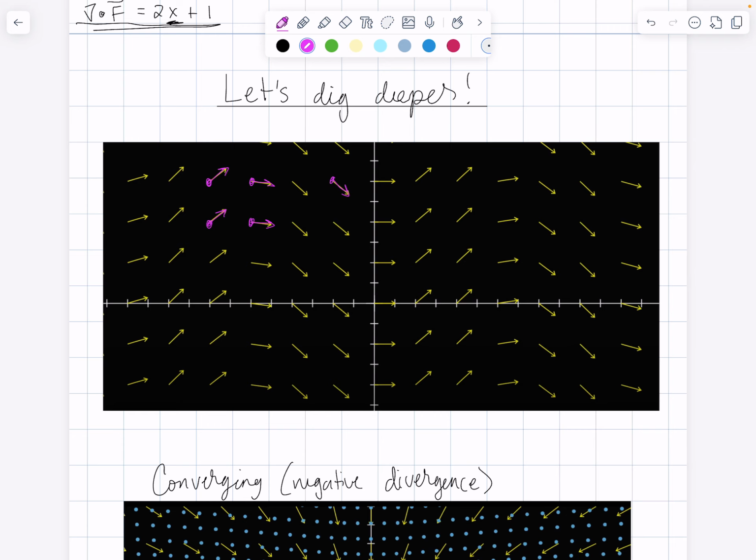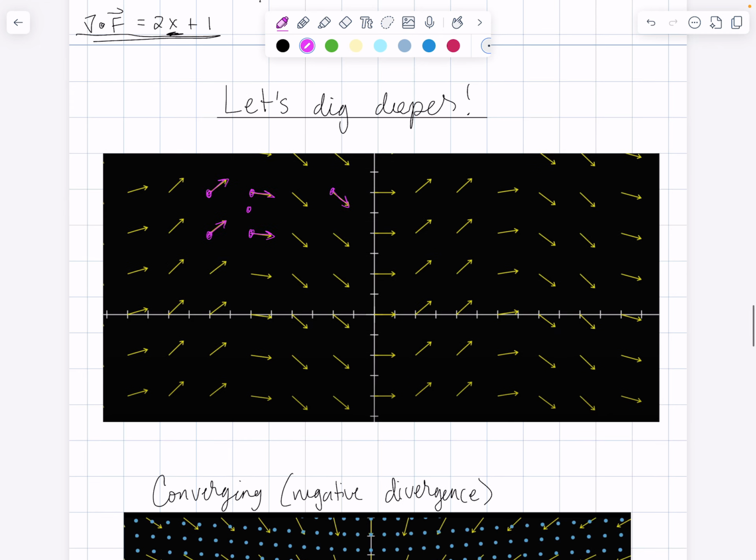And even if they all aren't shown on a vector field, in reality, the vector field represents infinitely many points in space being associated with vectors. So we just want to remember that the vectors we see here are just a small representation of infinitely many vectors and points.